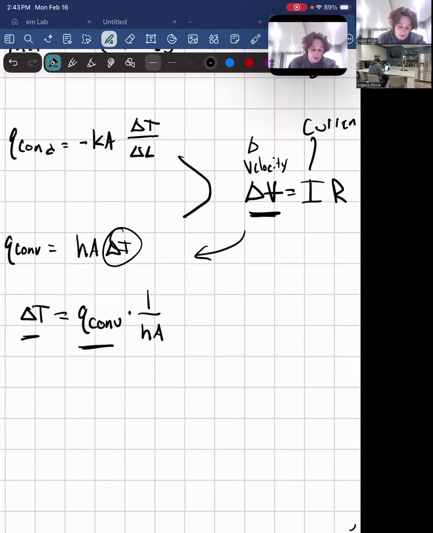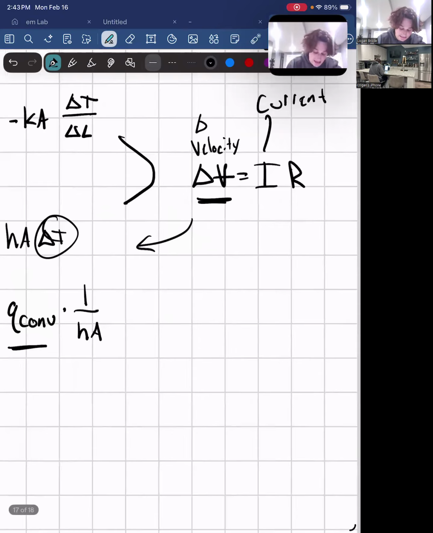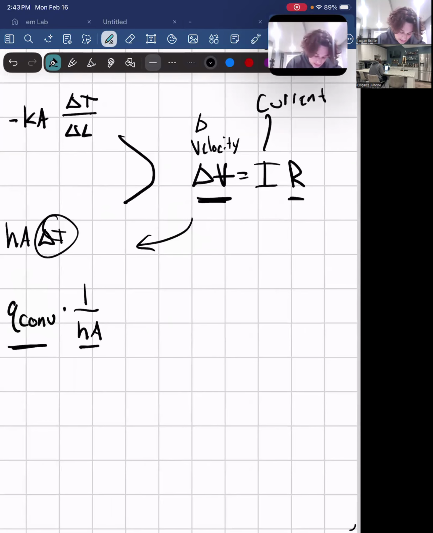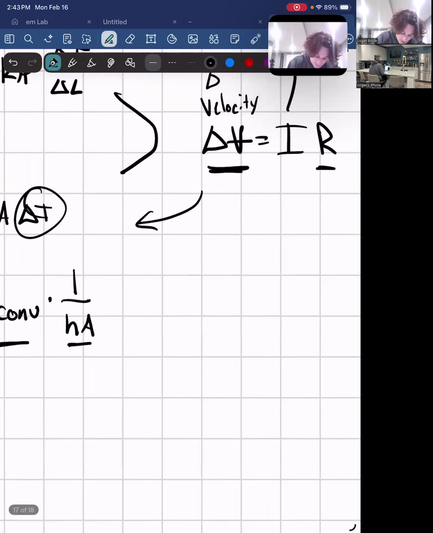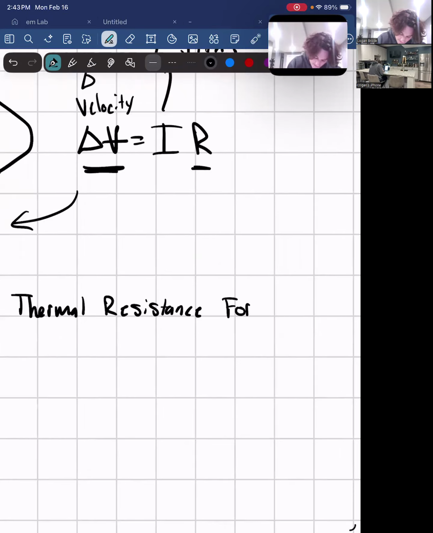So our current relates to our Q convection. That leaves R being 1 over HA. So our thermal resistance for convection is 1 over HA, right?